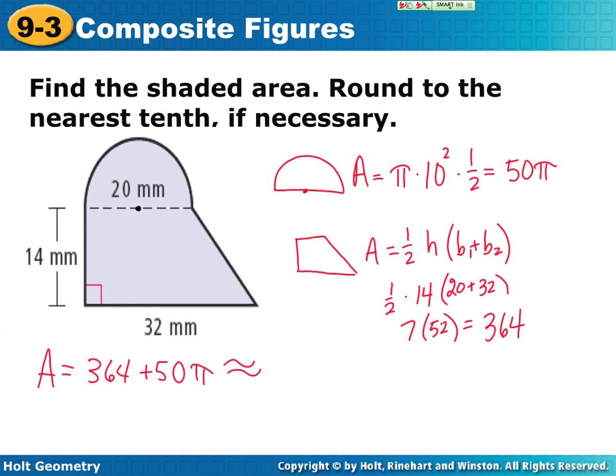I'm just adding pi is what I'm doing. 50 times pi maybe, and then add 364. 521.1?